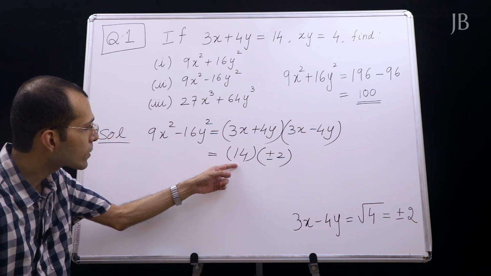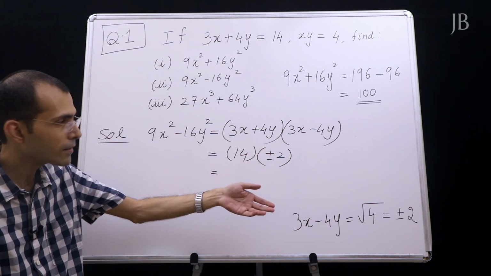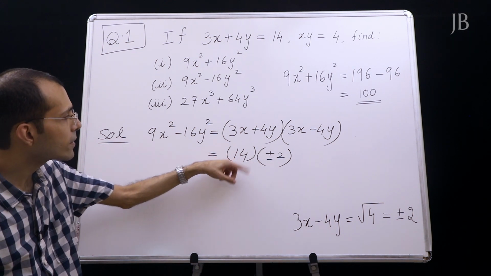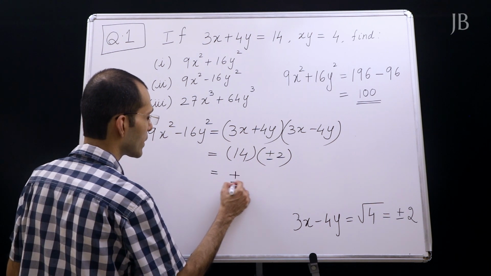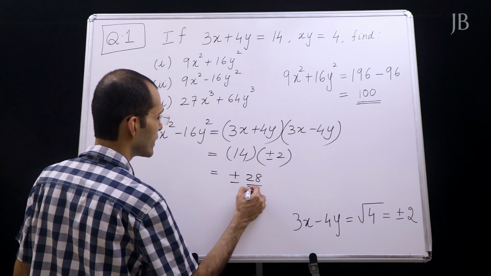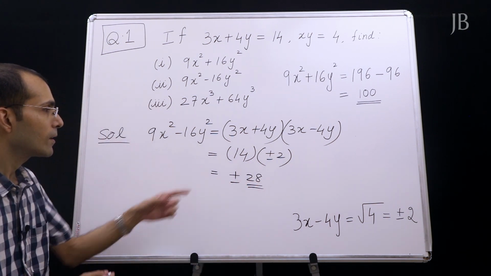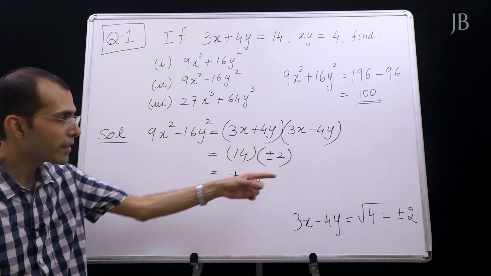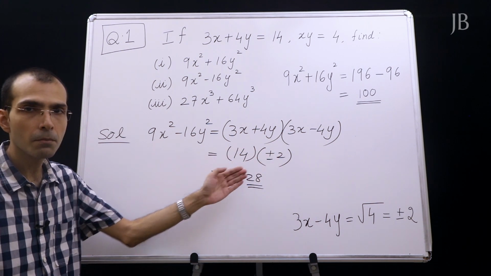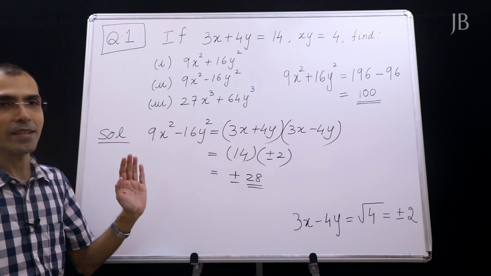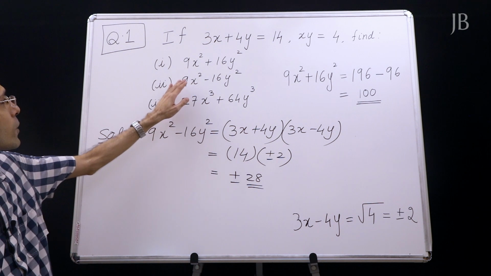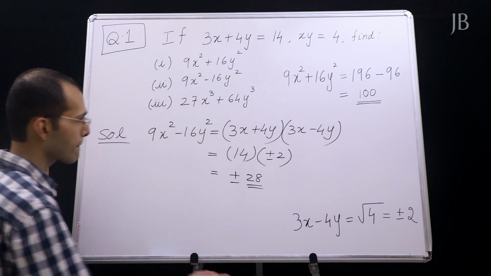So 14 into 2 is one answer, or 14 into minus 2 is another answer. So the answer would be plus or minus 28. Comfortable? 14 into 2, 28. 14 into minus 2, minus 28. So answer is plus or minus 28. So this takes care of your second part.